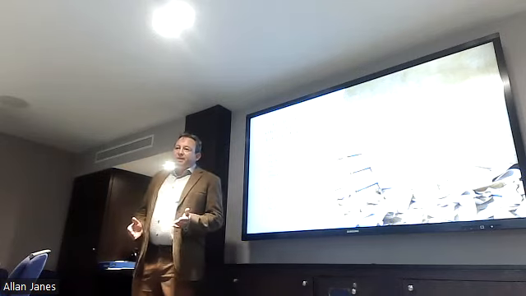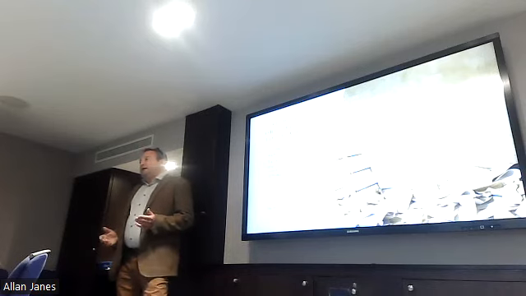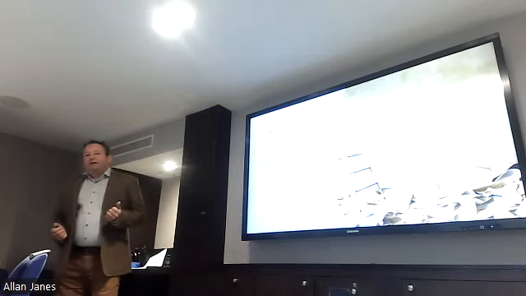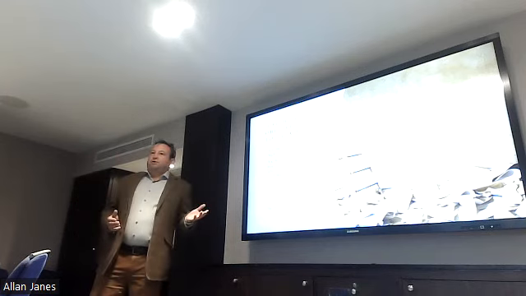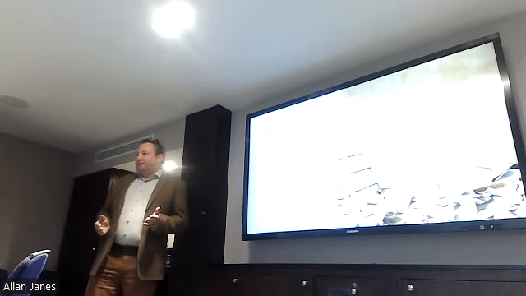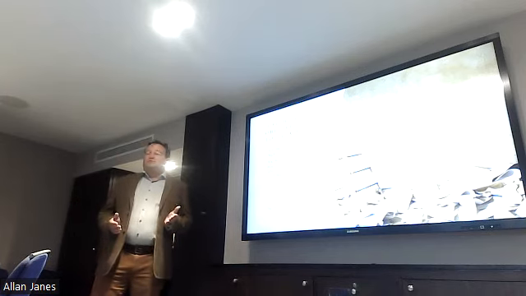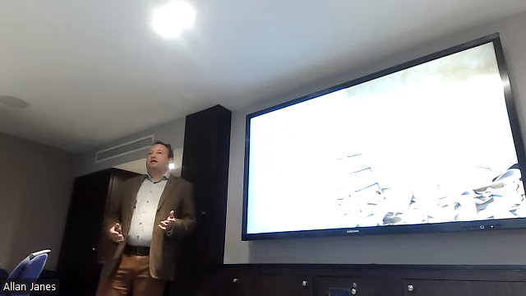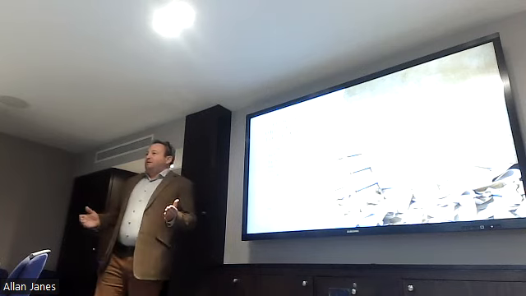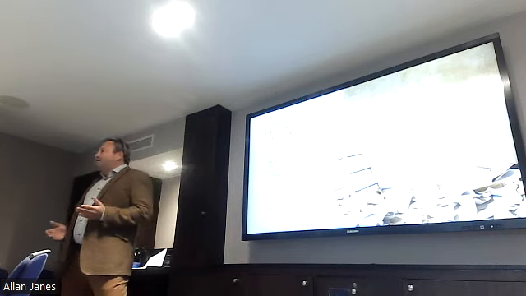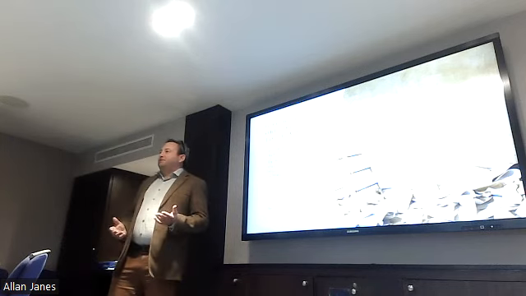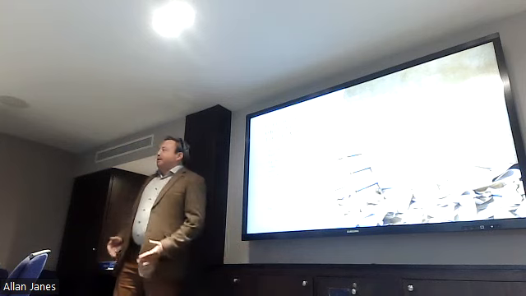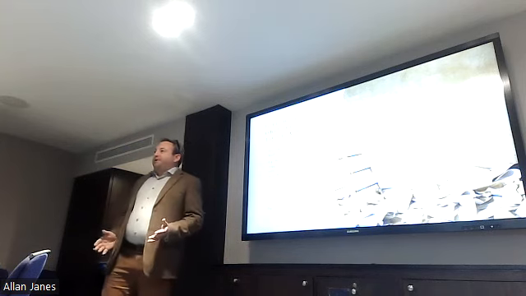So the first thing to look at when looking at a repairing liability is what sort of repairing liability do you have? In essence, there are two forms. You can either have an internal repairing liability or you can have a full repairing liability. An internal repairing liability would be an obligation to repair, maintain, look after, decorate internal surfaces, the ceiling, the walls, the floor, door furniture, that sort of thing.